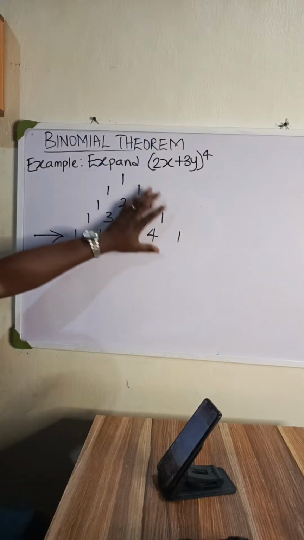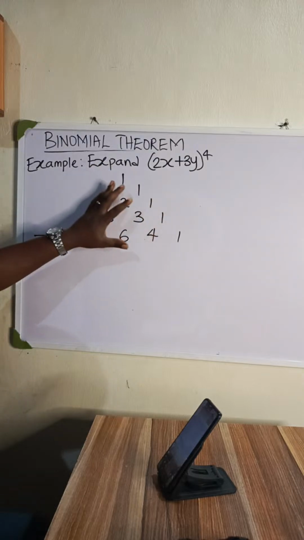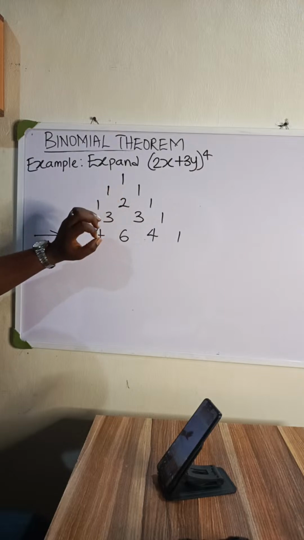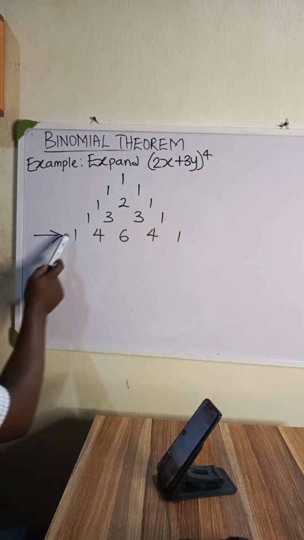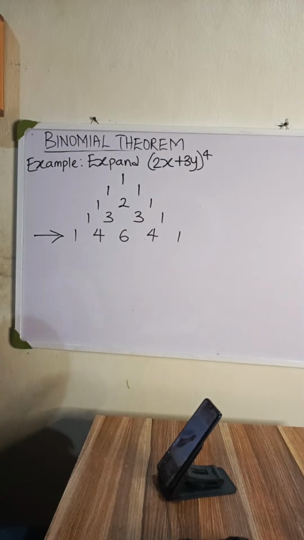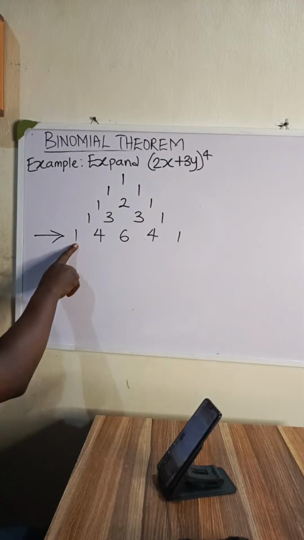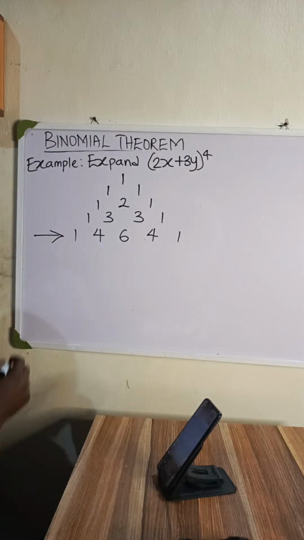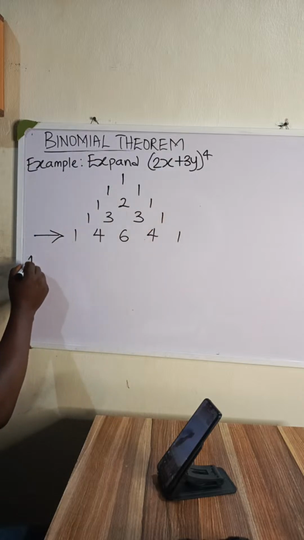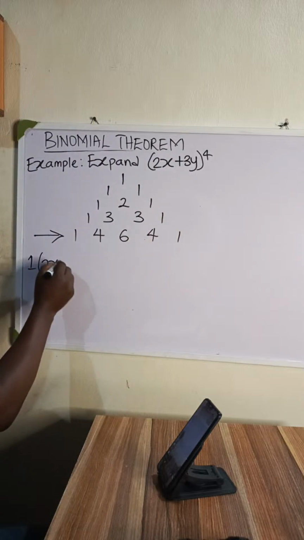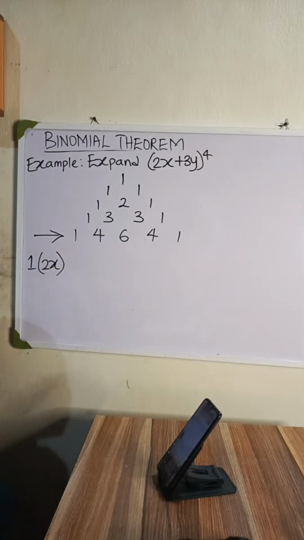So we've learned about how to arrange this. Okay, we've learned about that, so I might not be able to go back to that. But now we are using this because our exponent is 4. So this shows our coefficient. So let's start. Our coefficient is 1. So pick 2x.